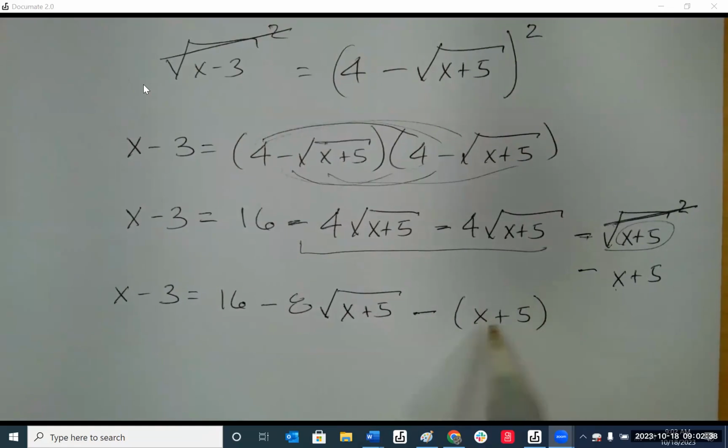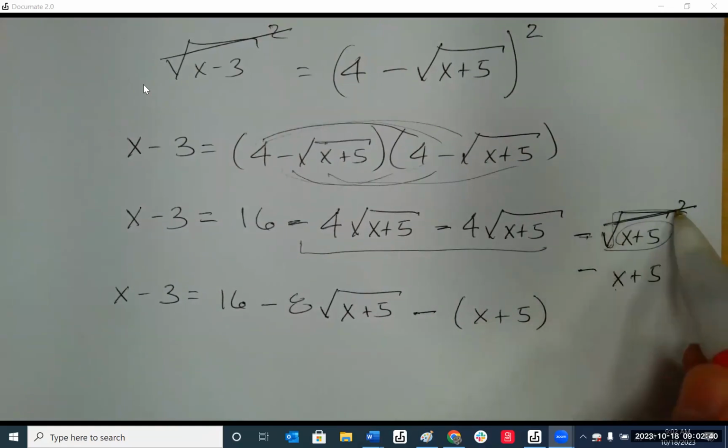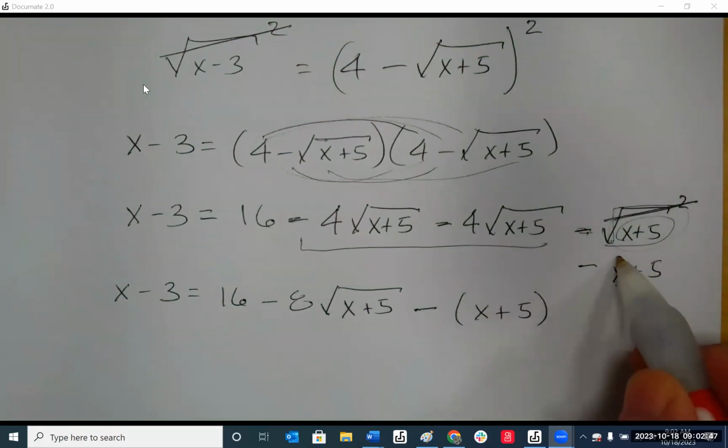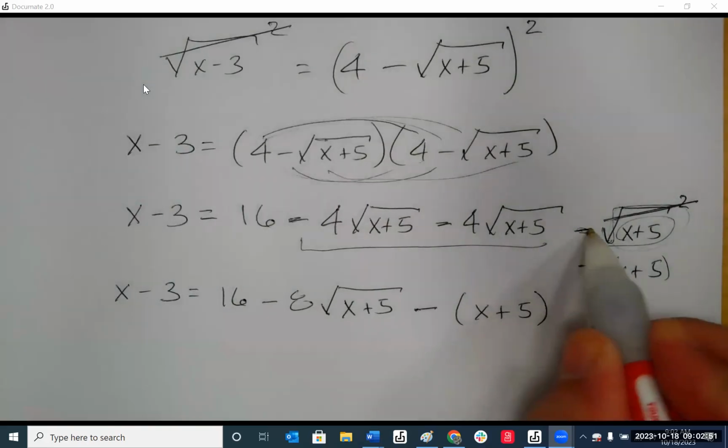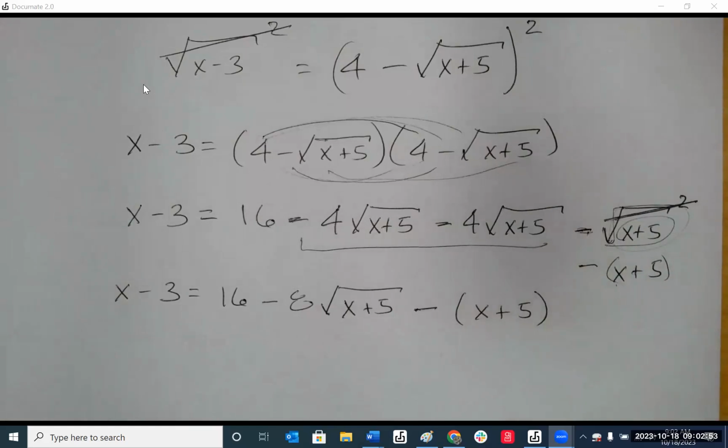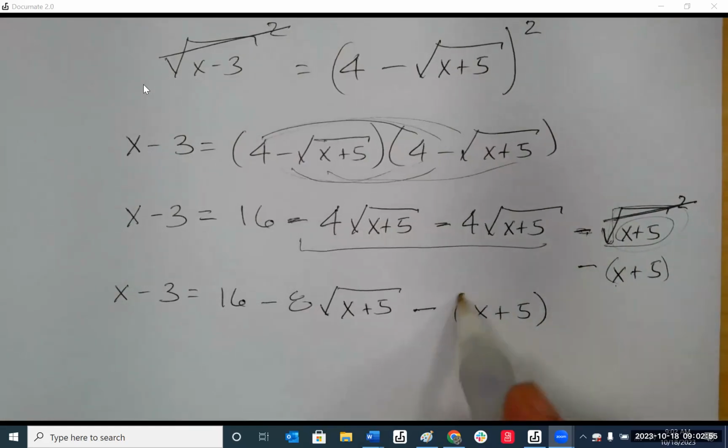It's supposed to be both of them, because it was inside the radical. This negative makes the whole thing negative. So if I don't put a parenthesis around there, then I change the equation. So whenever you have a minus in front of anything, put a parenthesis around it. Everything after a minus, put a parenthesis around it.